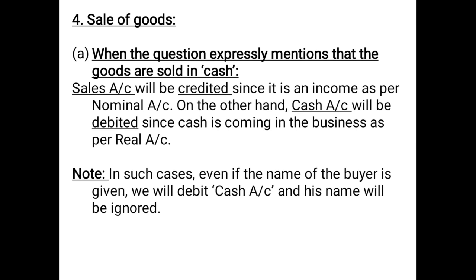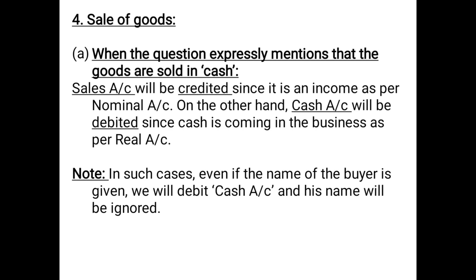So if the goods are sold or purchased in cash, even if the name of the supplier or customer is given to you, you will not take his or her name into consideration, because at that time the two aspects which will be affected will be purchases and cash, or cash and sales.